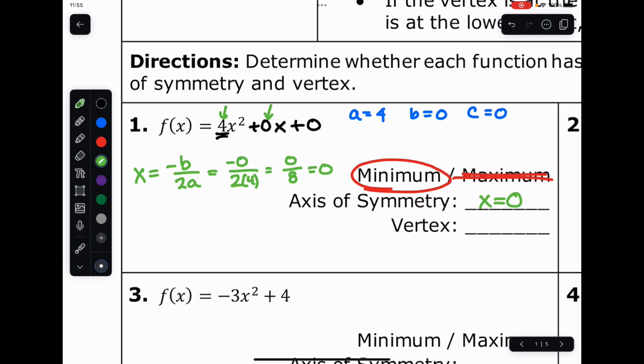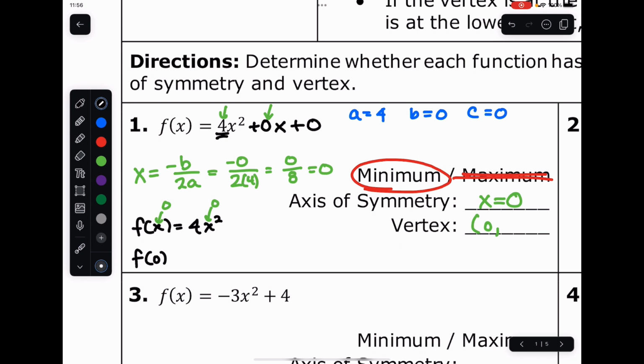Now, our vertex again is located on our axis of symmetry. So the value of our vertex has an x coordinate of 0. Now, to figure out the y coordinate of our vertex, we're going to get our function f of x equals 4x squared, and replace the x value with that 0.